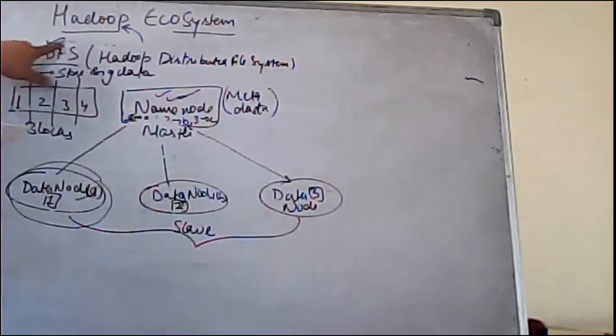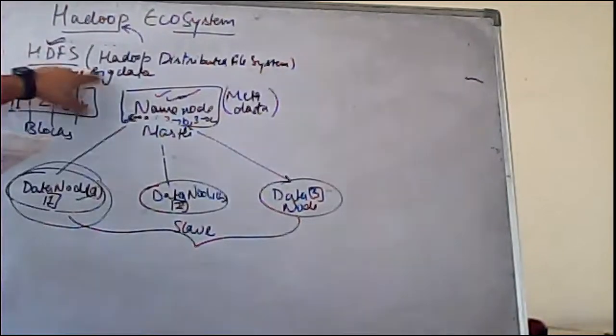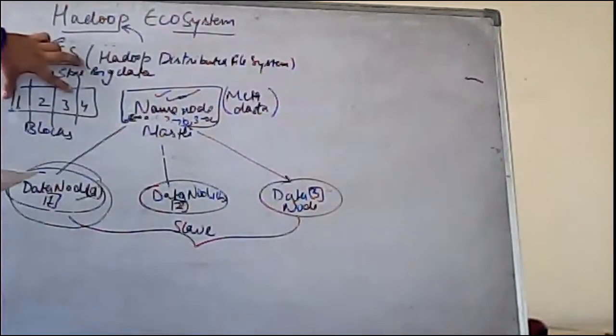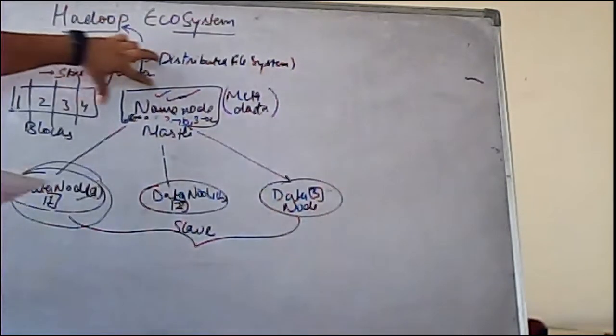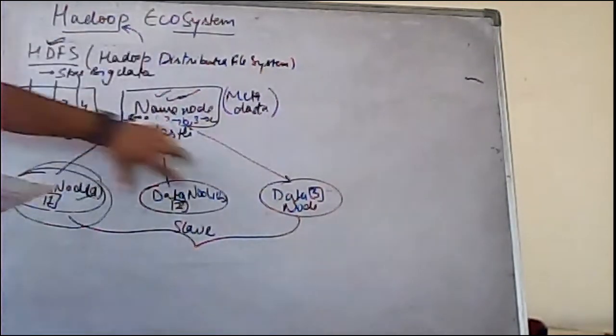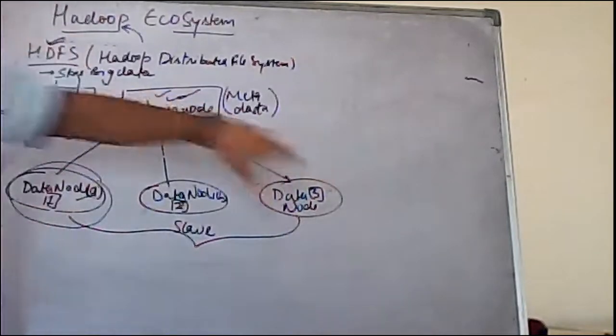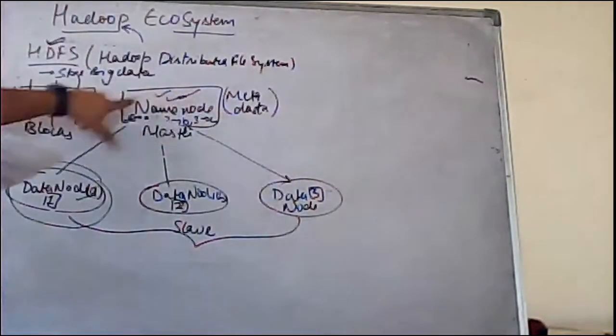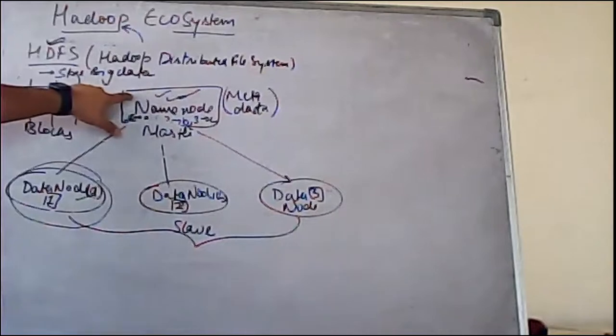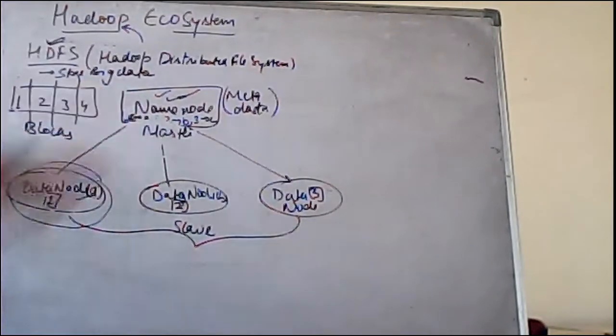HDFS is used for storing your big data. If I assume this is your huge data, it will be distributed to different groups, and the information should be kept in the name node. This is the functionality of HDFS.